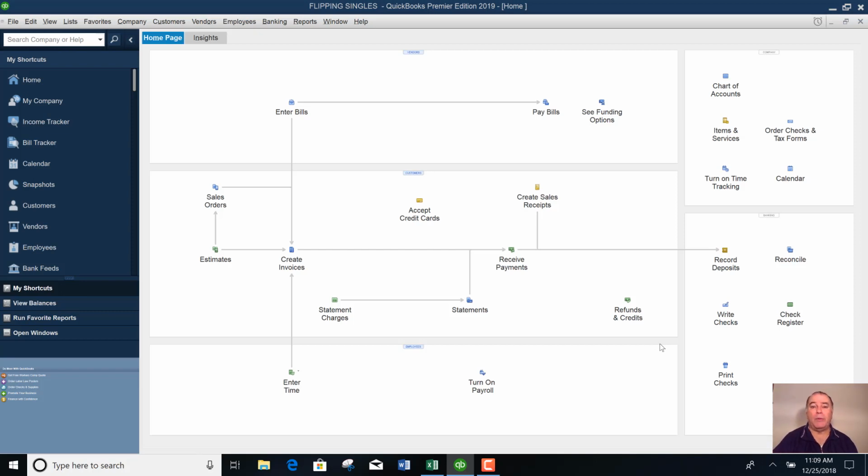So that might be $150,000. So on your income statement, you'll have $200,000 sale of 45 Maple Street, cost of sale 45 Maple Street, $150,000, net profit from sale of 45 Maple Street is $50,000.